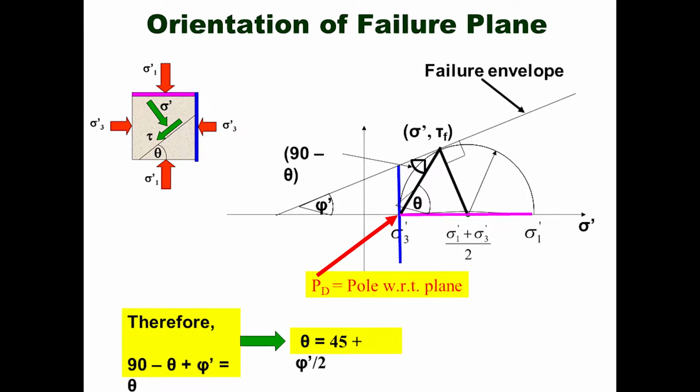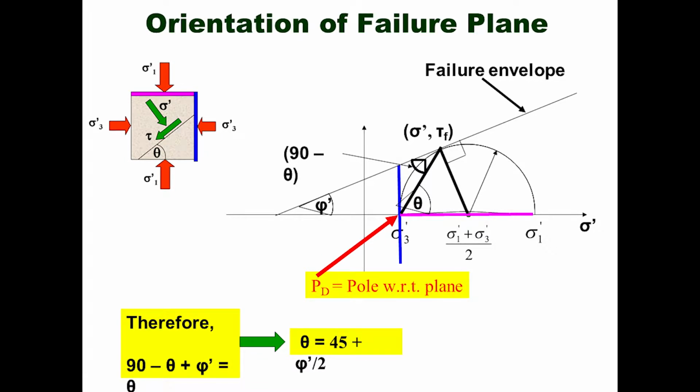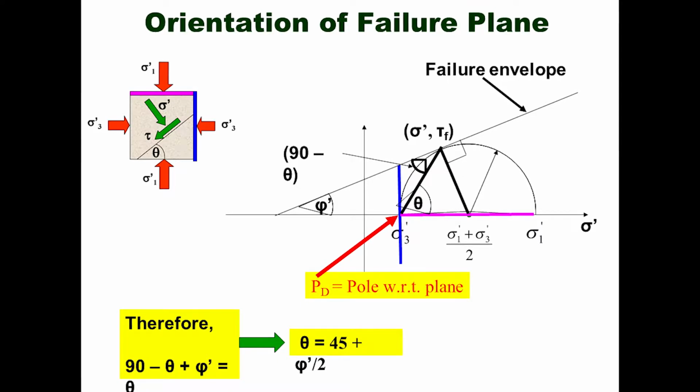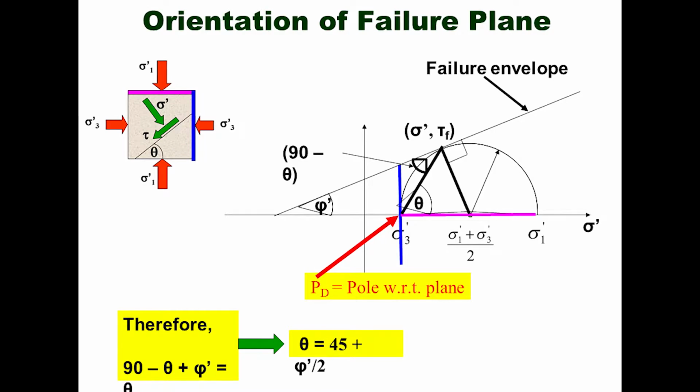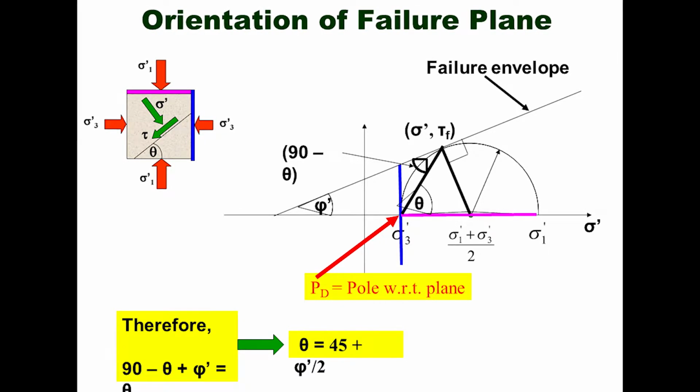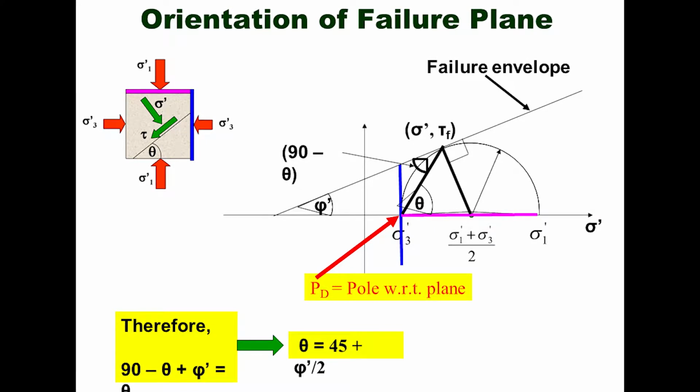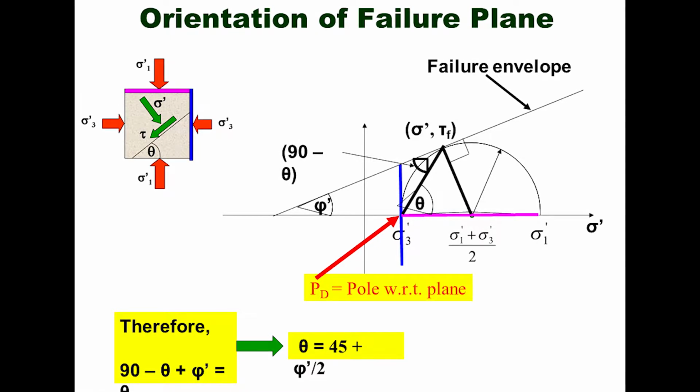Draw from sigma 3 dash to that failure point, and then the failure plane comes into the picture. It makes angle theta to the sigma axis, and the pole is taken with respect to the plane.